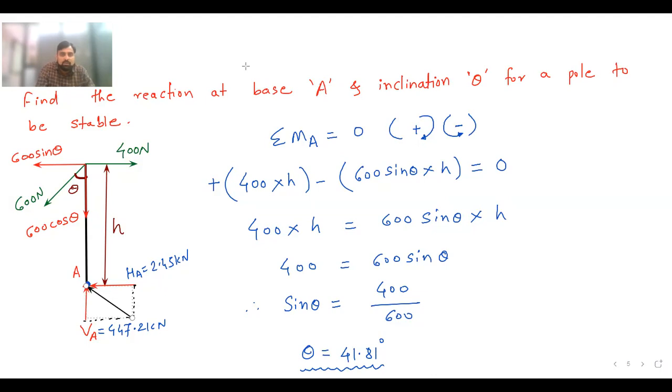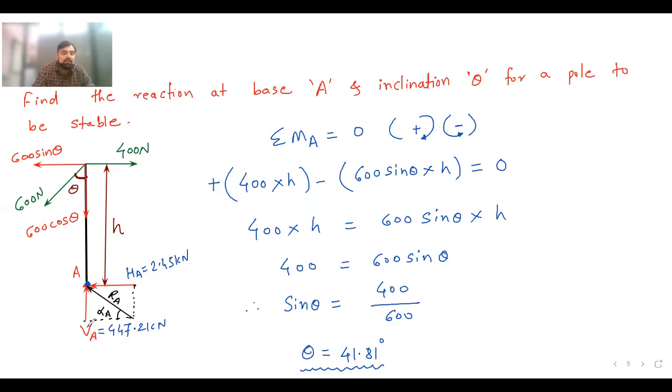this diagonal will give me the resultant reaction at point A, and I will call it RA. The angle of this resultant reaction with the horizontal, I will call alpha A. So RA is the resultant of HA and VA, where HA is the horizontal reaction and VA is the vertical reaction.